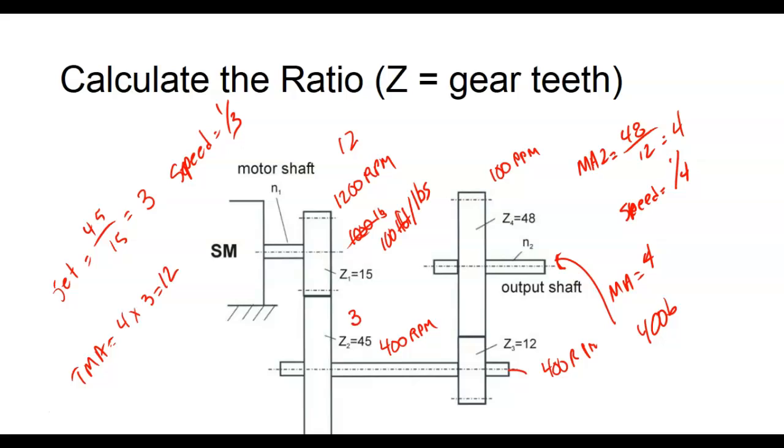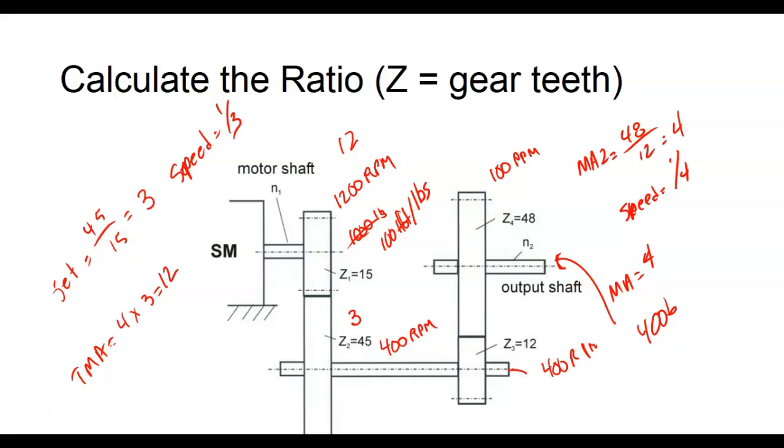So you calculate the mechanical advantage for each set of gears, and then you just multiply the mechanical advantages together, and that will give you the overall mechanical advantage. You take the reciprocal of that, and it's going to give you the speed, right? You understand? Compared speed to output.